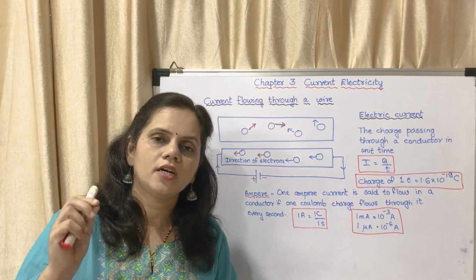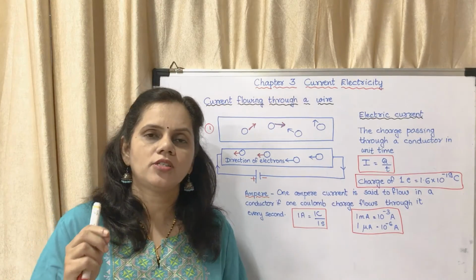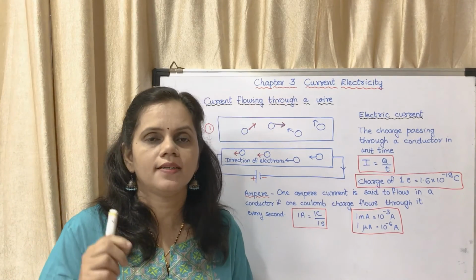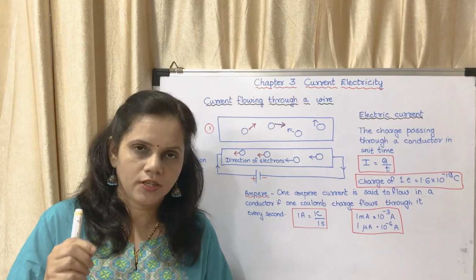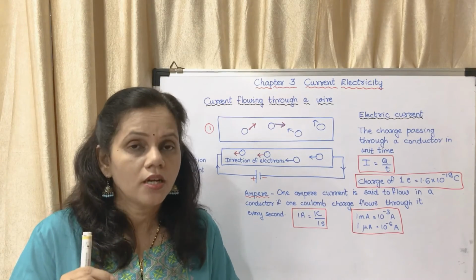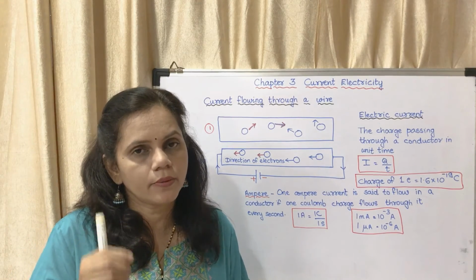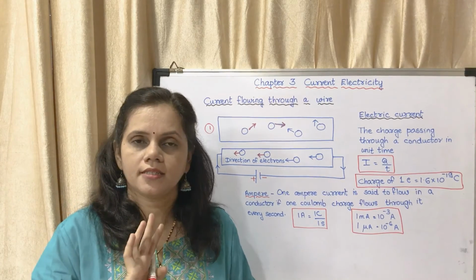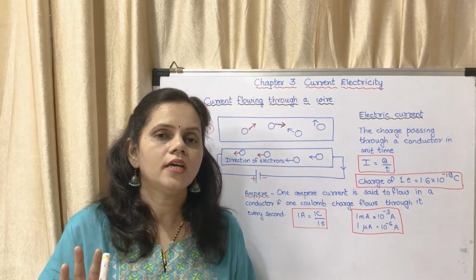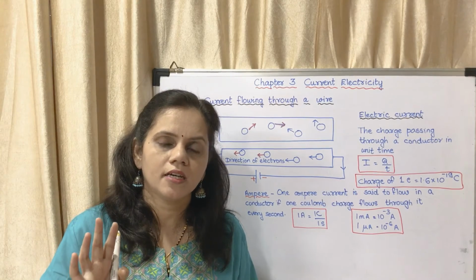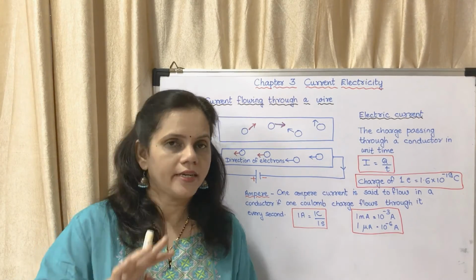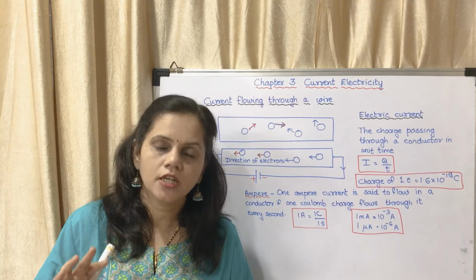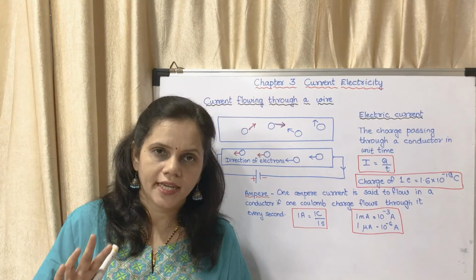So whenever you learn the definition, you have to see what the equation is. Always there is an equation, especially in physics. So first you have to see the equation, and according to the equation, the definition is there. You may first learn the equation, then learn the definition. Now the definition should be according to the textbook.